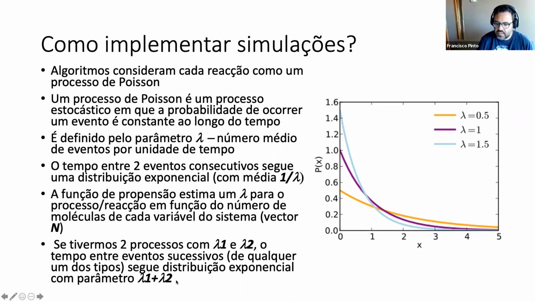That means that the average time will be 1 over lambda 1 plus lambda 2. So you can compute these random time intervals between two consecutive events, not just for one process, but for a set of processes. Okay, that's what we are going to use in the basic algorithm to perform stochastic simulations.